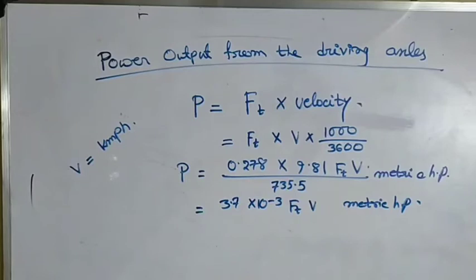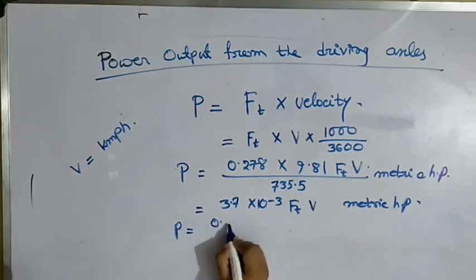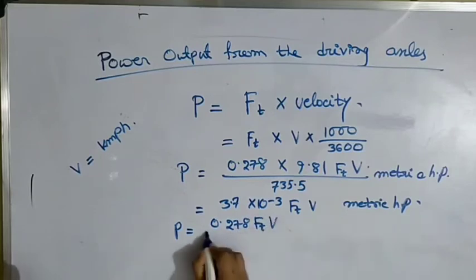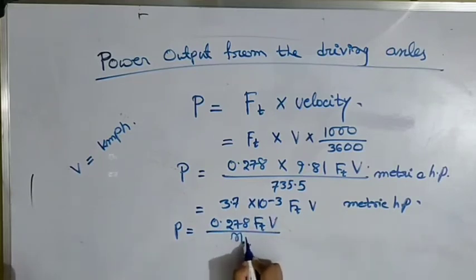Now, if eta 1 is the efficiency of transmission gear, then power output is equal to 0.278 Ft V by eta 1.